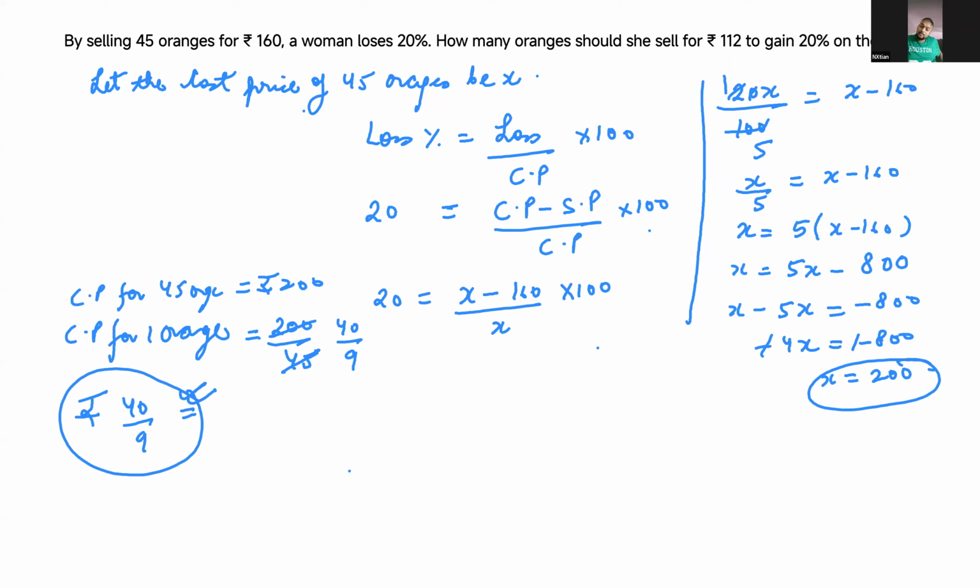Now she sells for 1112 to get a gain of 20%.